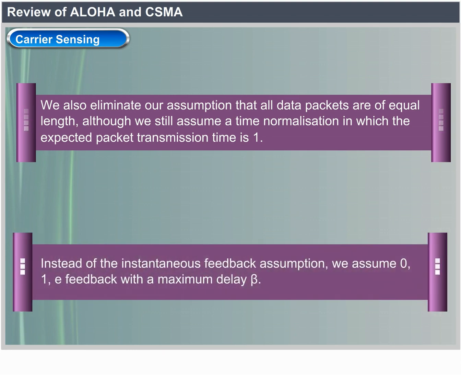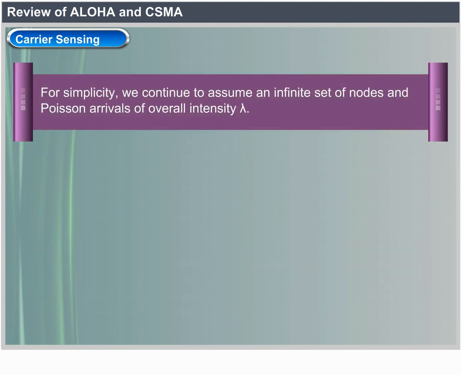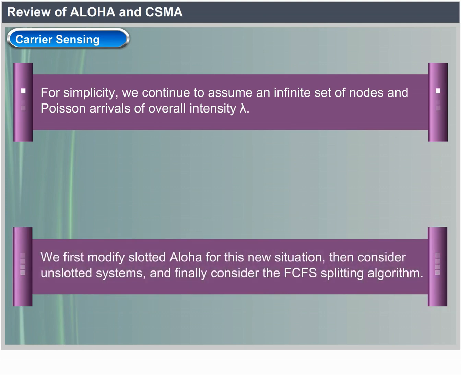In place of the instantaneous feedback assumption, we assume 0, 1, e feedback with a maximum delay beta. For simplicity, we continue to assume an infinite set of nodes and Poisson arrivals of overall intensity lambda. We first modify slotted aloha for this new situation, then consider unslotted systems, and finally consider the FCFS splitting algorithm.